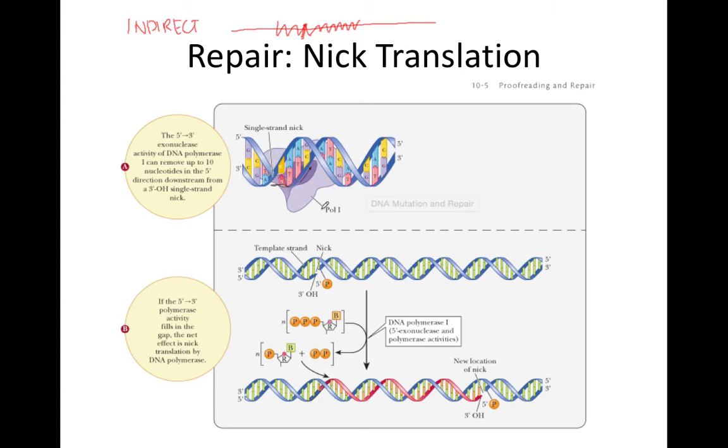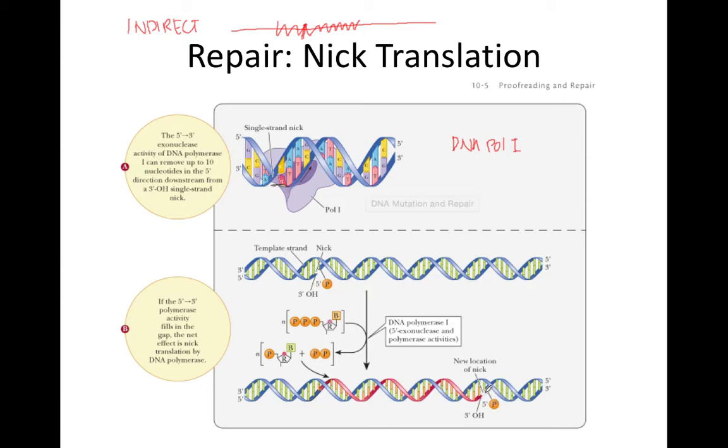As such, DNA polymerase 1, so this is found in prokaryotes, is recruited so that it can cut up this entire part. Because DNA polymerase 1 is also a polymerase, that means it can cut up this part and also replace it with a new strand. And that new strand is now shown as the red strand here.